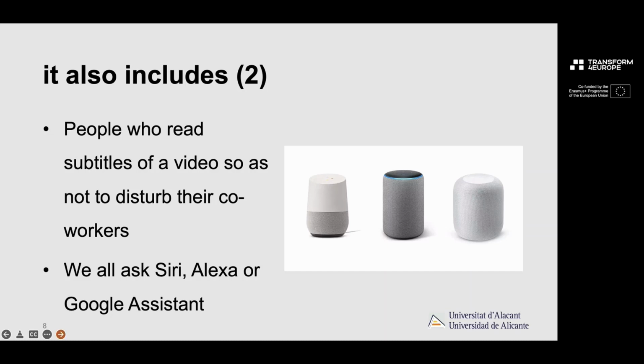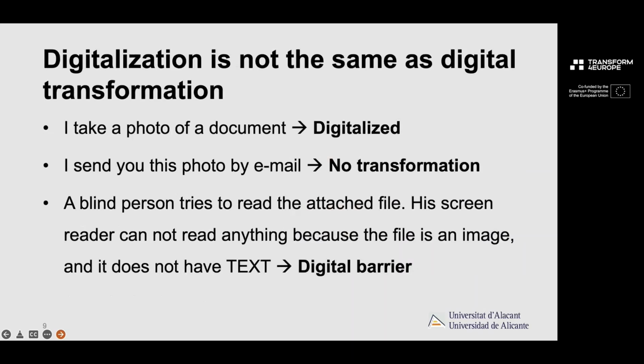Okay, what is digitalization? Digitalization is not the same as digital transformation. Let's look at an example. I take a photo of a document. It's digitalized. I send you this photo by email. No transformation then.